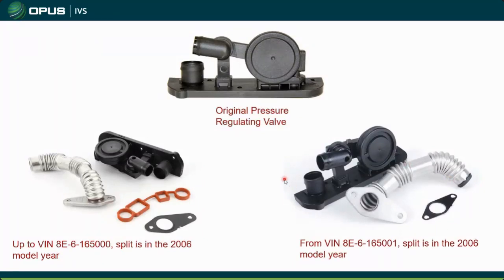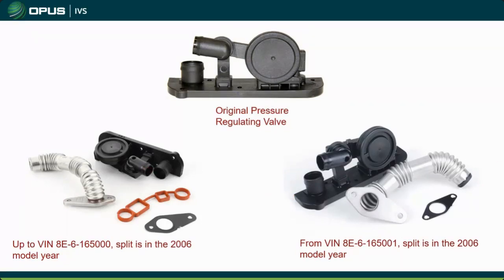So, obviously these things were plagued with the same issues that they all are, which is that inside of here you have a rubber diaphragm, and those diaphragms rupture. And once that rupture happens, no matter what you're doing, you're either pulling vacuum through the valve, or worse, you're putting boost pressure through the valve and into the turbo, and you're losing boost. So either way, not a good thing.